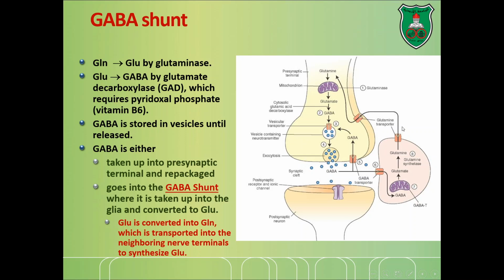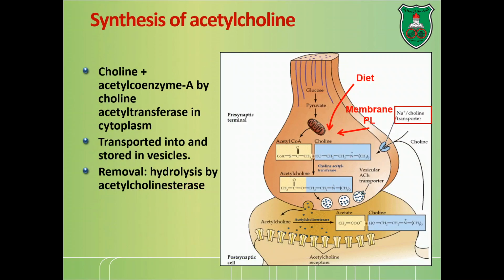Glutamine is released out of glial cells and it goes into the presynaptic cell or another neuron where it can be converted to glutamate and it's packaged in small synaptic vesicles and it's released again. So this is the GABA shunt.